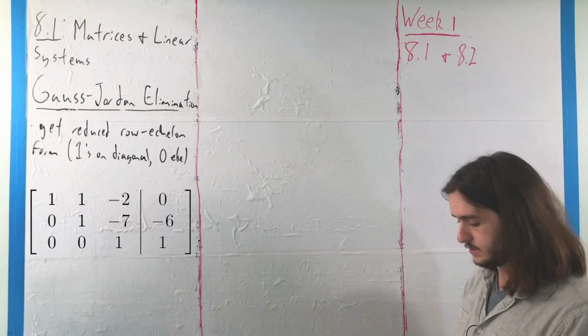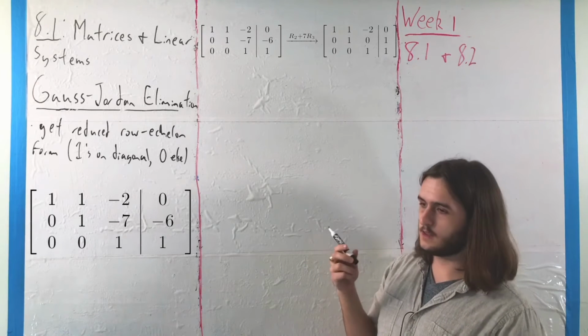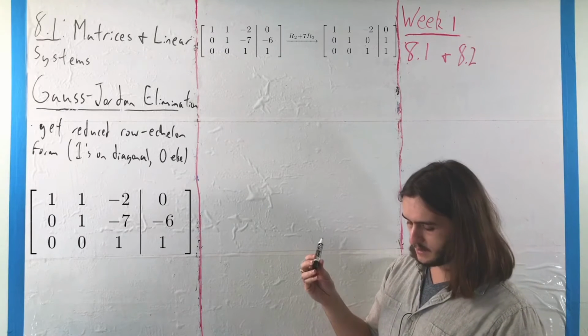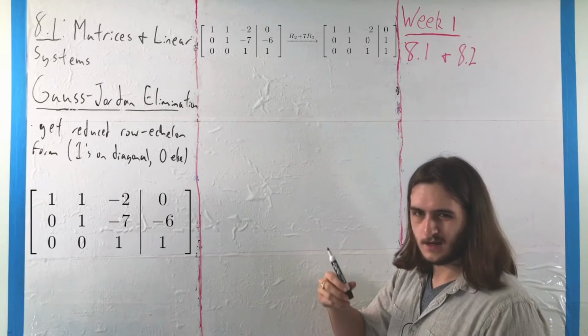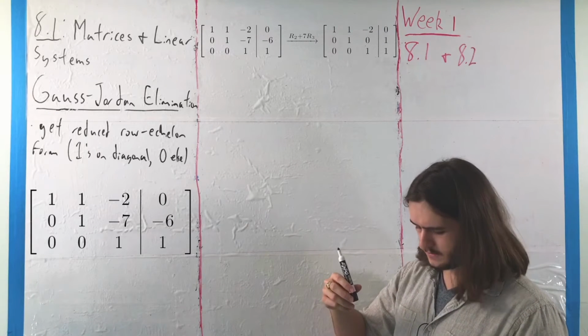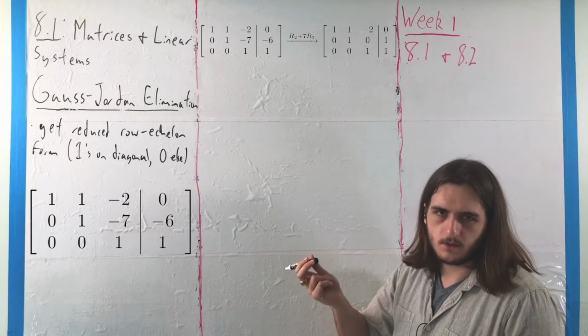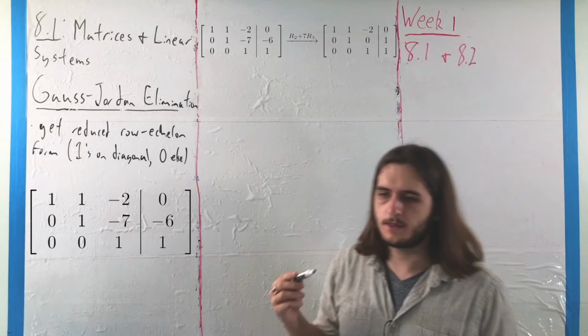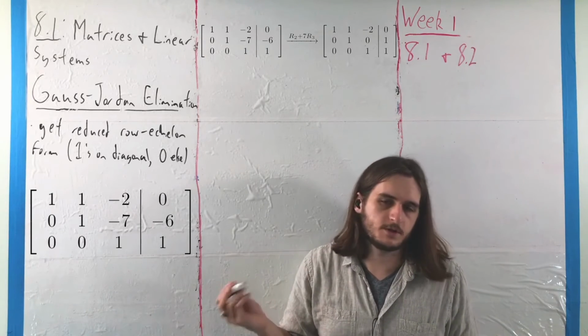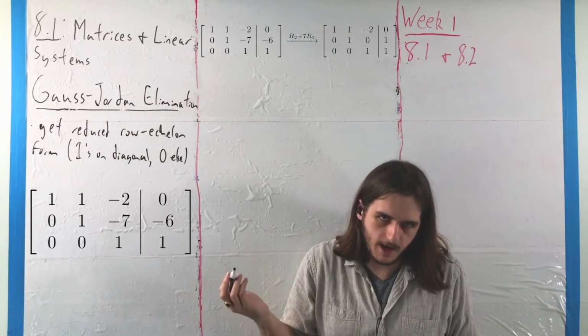So the first thing we're going to do is take the 1 that's in the bottom there and use it to clear out the -7 and the -2. The order you do this in doesn't make a great deal of difference, but we'll go with 3 to 2 first, just because it looks a little bit simpler that way.